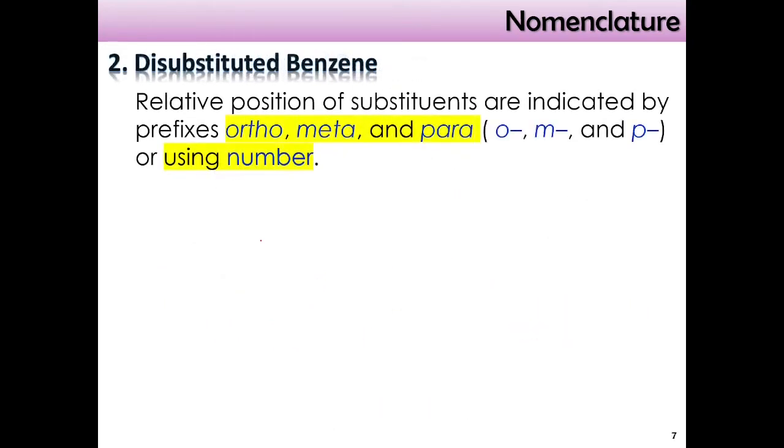Now let's see disubstituted benzene. Disubstituted benzene means it has two substituents on the benzene ring. Let's see this structure. If we try to name it normally, this will be 1,2-dibromobenzene.